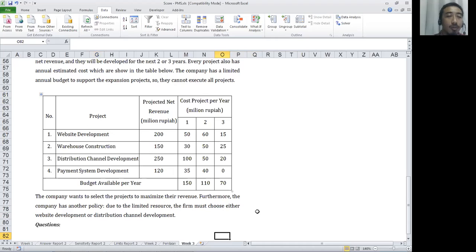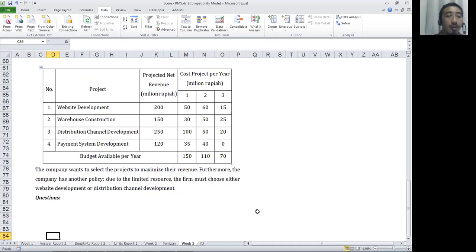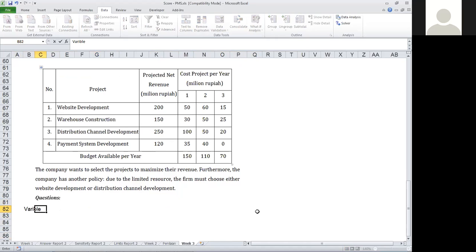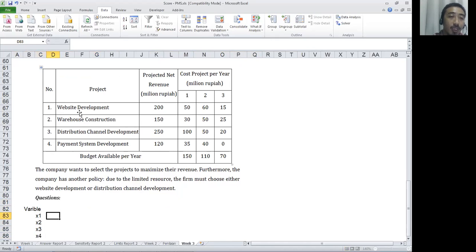Okay, now the first one, the variable. How many variables are there? Decision variables: 4. We have X1, X2, X3, and X4. Website development, warehouse construction, distribution, and payment system. How about the goal?